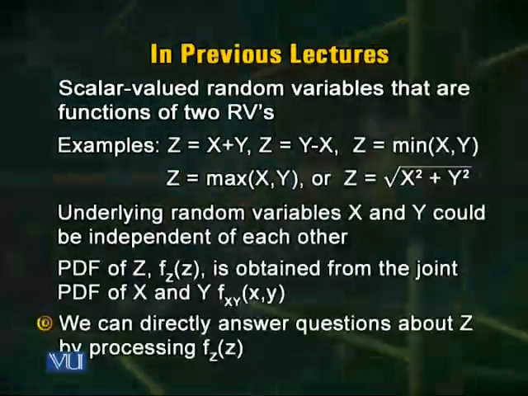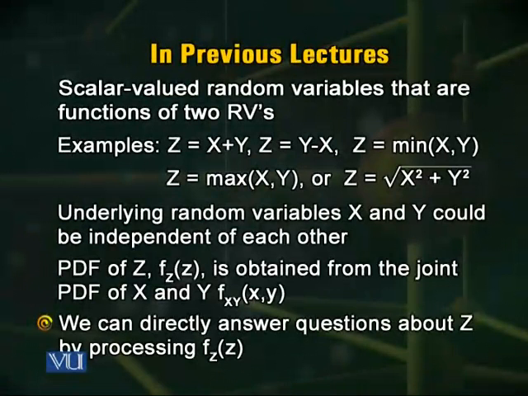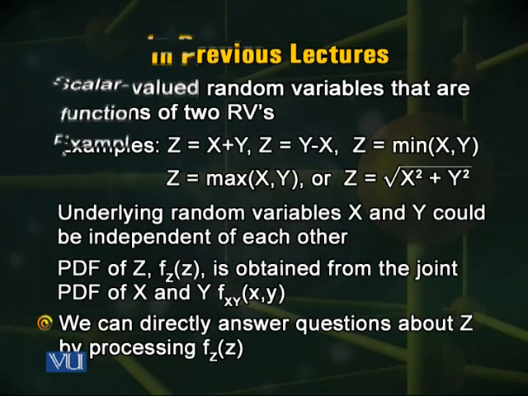So there are other questions which are easy to answer because X and Y are independent of each other. But for other questions like the sum of two service times, the difference of two service times, etc., they are easier to answer if we form a derived random variable Z, find its PDF, and work with the PDF of Z to answer these questions directly instead of working with the joint PDF of X and Y.